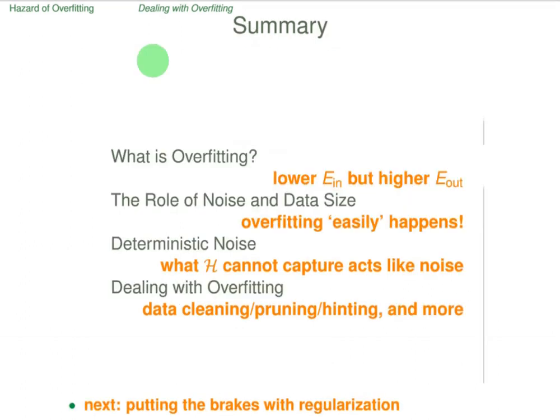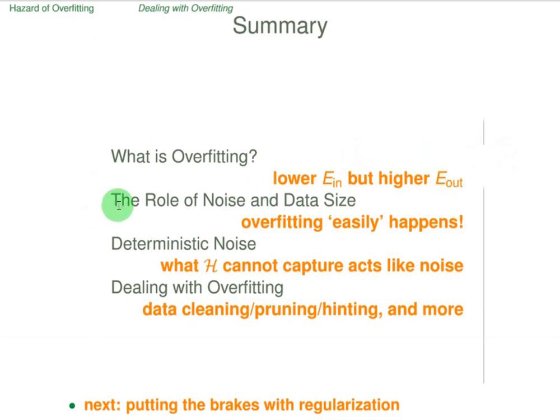In today's lecture, we defined what is overfitting. The overfitting is the case when we have lower in-sample error, but higher out-of-sample error. Right? Our overfitting also is a little bit different from bad generalization. That's what we discussed. In bad generalization, we have low in-sample and high out-of-sample error.